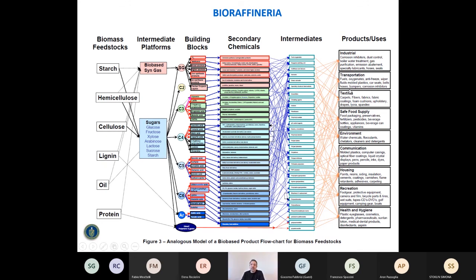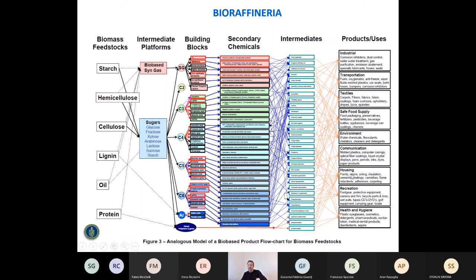Some parts of the car can be obtained from bioplastics, lignin for biopolymers production, and so on. In building, you can see bio-insulation materials, bio-coatings, bio-cements, bio-resins. So everything must be substituted using renewable products.